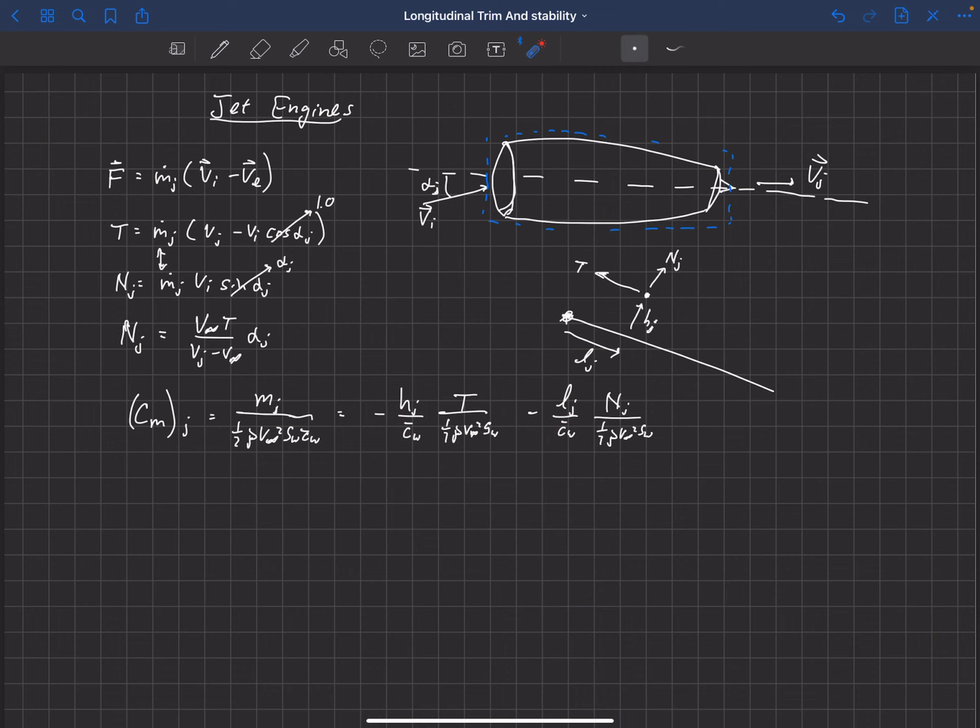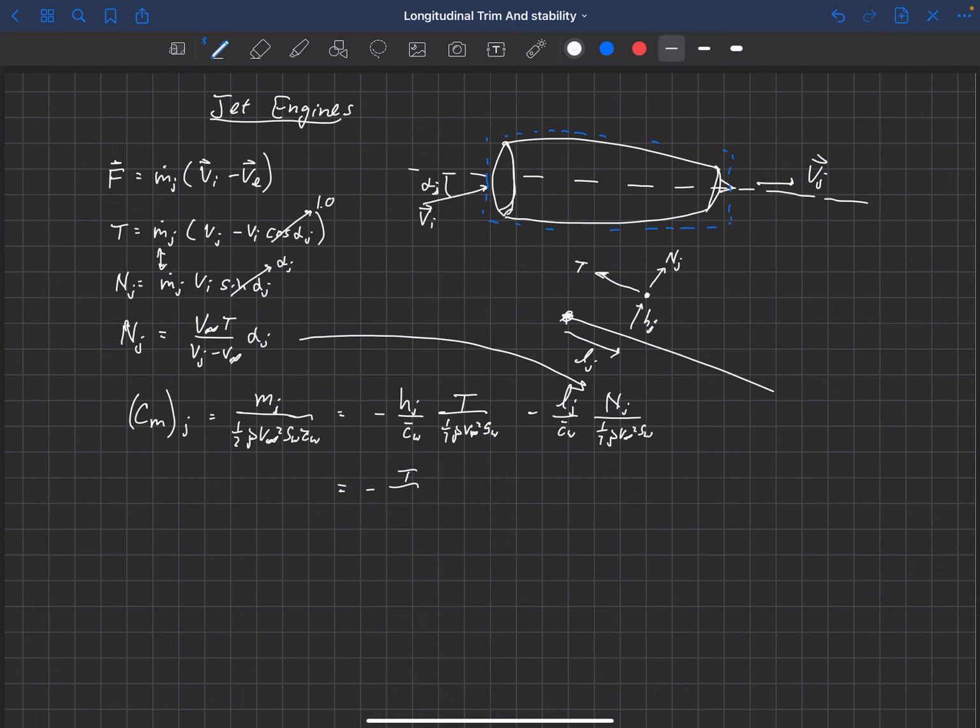Okay, because the normal force is actually a function of thrust, we can plug that equation in there, and now both of these terms in this equation are a function of thrust. So we can bring that out front.